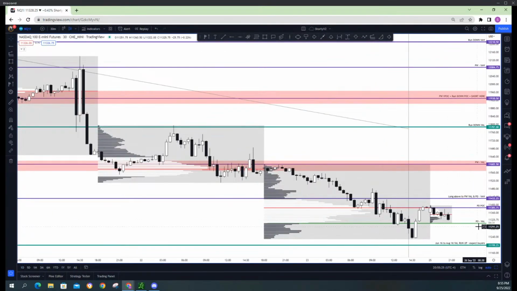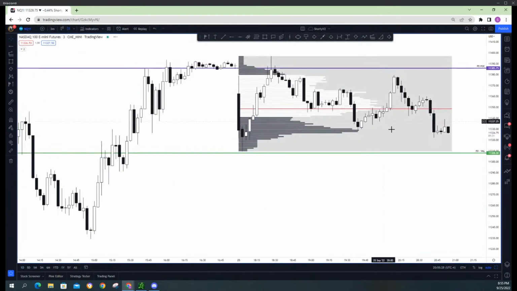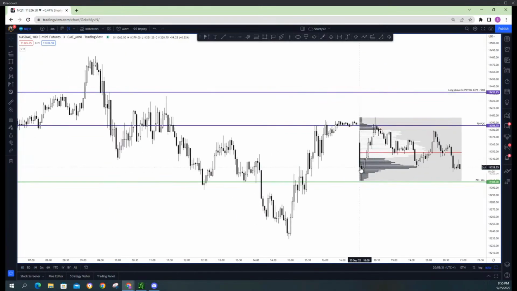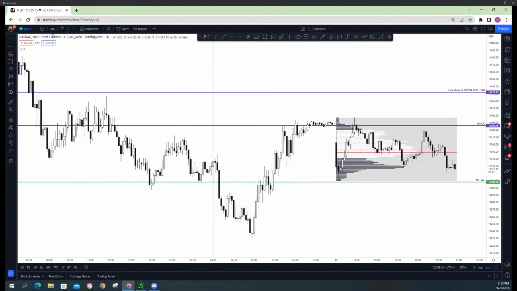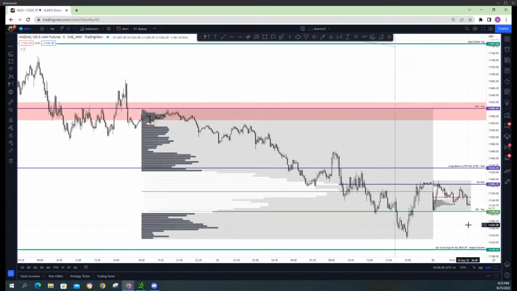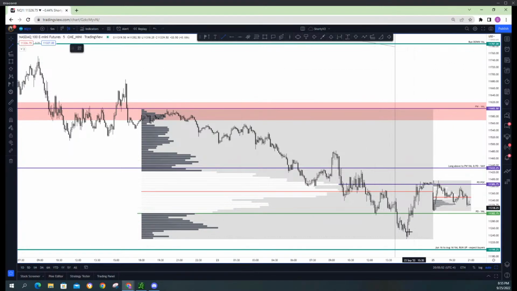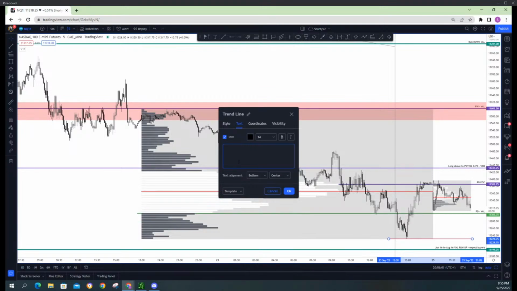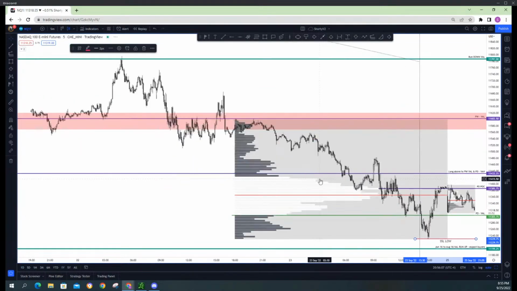Okay, so let's see what we're gonna do. It looks like we're headed to PD value area low right now. And then this is our current session here that we're in now. And then the range bottom is right here. $36.59.